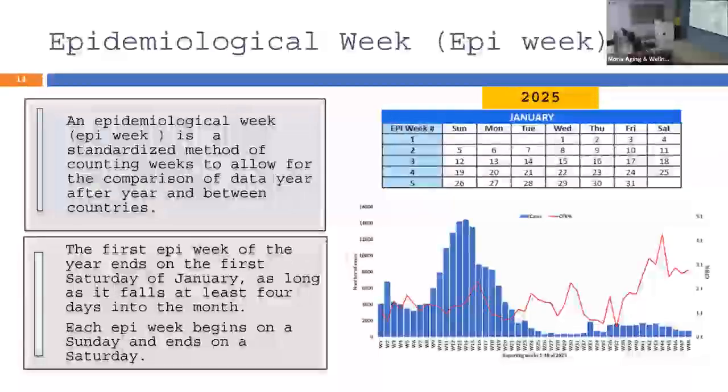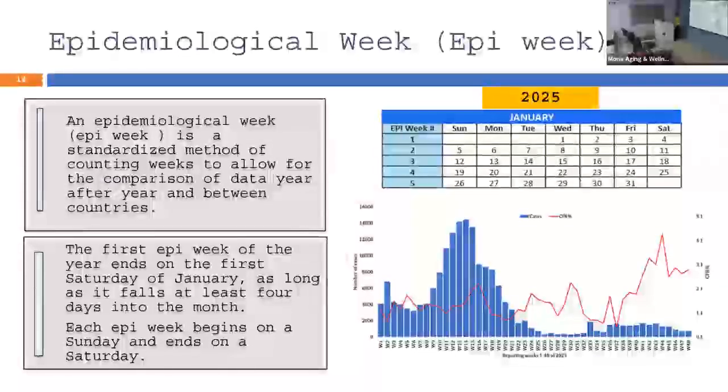This may seem disjointed because I couldn't find where in the presentation to put this, but you need to know about epidemiological week, so I thought I'd put it right here. Sorry about that. It just came out of nowhere because we're talking about types of outbreak. But because we're going to look at different epidemic curves and what the types of outbreak look like on an epidemic curve, we have to introduce the epidemiological week.